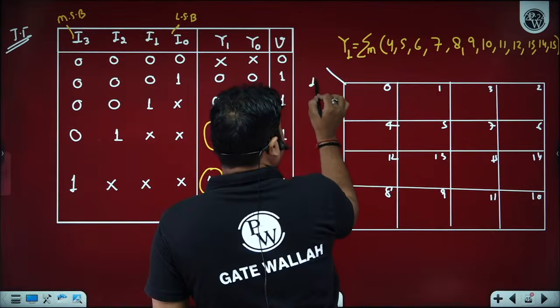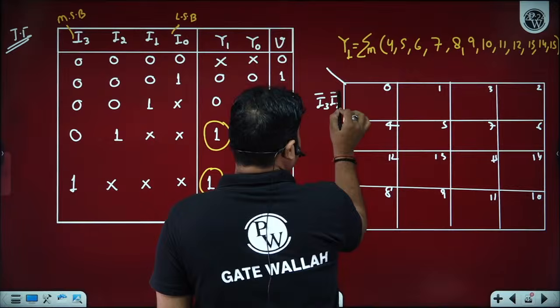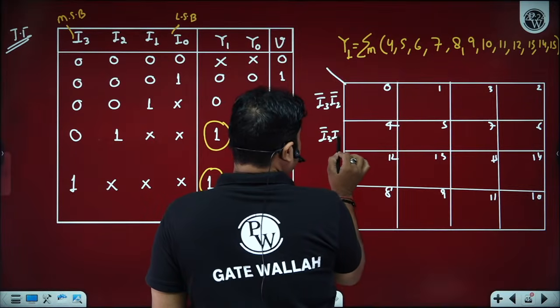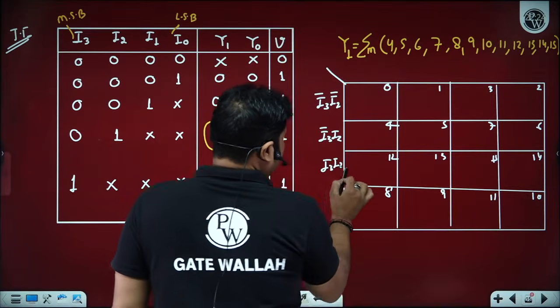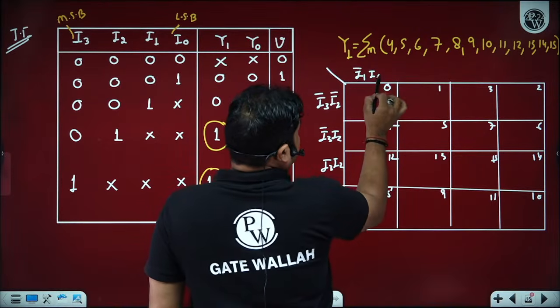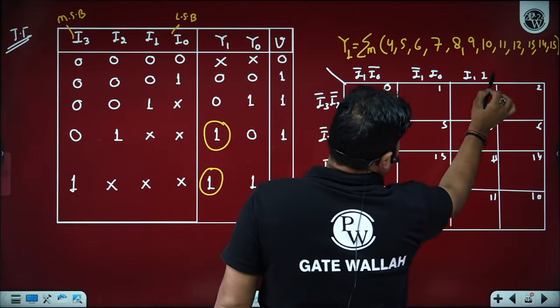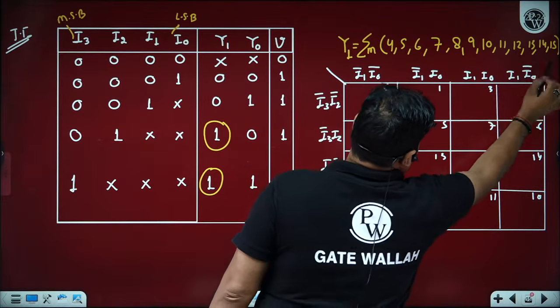We have I3 complement I2 complement, I3 complement I2, I3 I2, I3 I2 complement, and I1 complement I0 complement, I1 complement I0, I1 I0, I1 I0 complement.